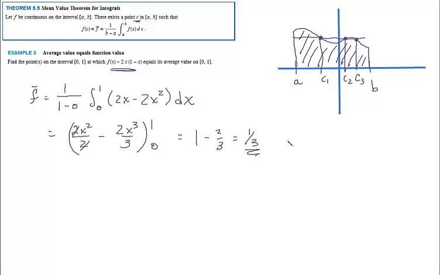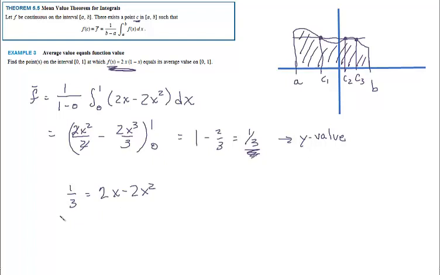So this is the average y value. So they're wanting me to find, so this is the y value. Give me the x values where this happens. Okay, so I need to know where f of x equals 1/3, so I'll say 1/3 equals 2x minus 2x squared, and I've got to figure out what those x's are.